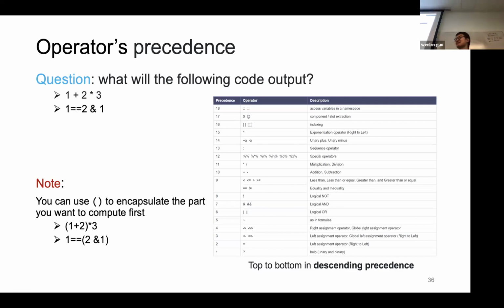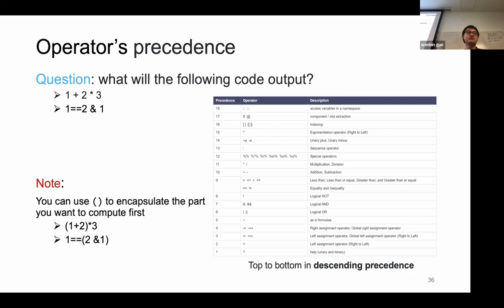So basically, it's just like a computing order. If you feel confused about that, you can just run the code from the command line and see whether it's false or true. But the whole take-home point is that the priority matters. If you don't want to have that trouble, you can use parentheses to encapsulate the part you want to compute first.